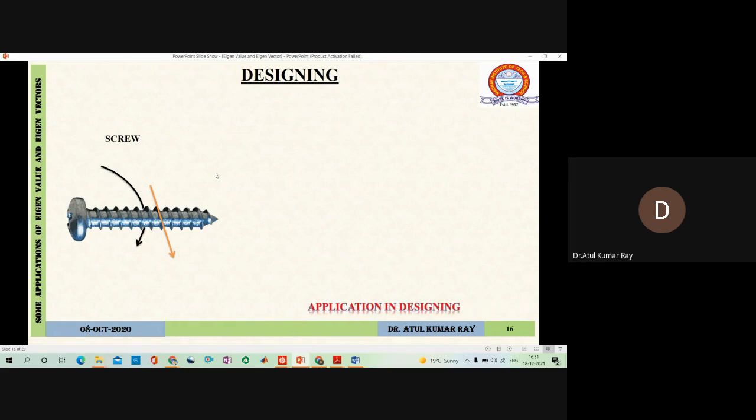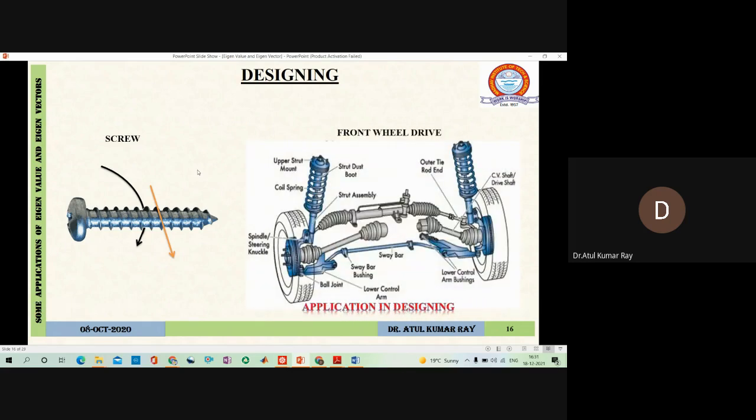You can see the same helix type pattern, the curves are there, and you can easily say which one will be the vector, which is given in orange color.